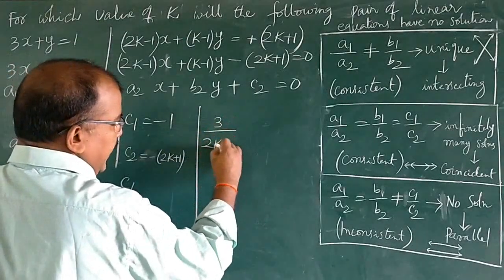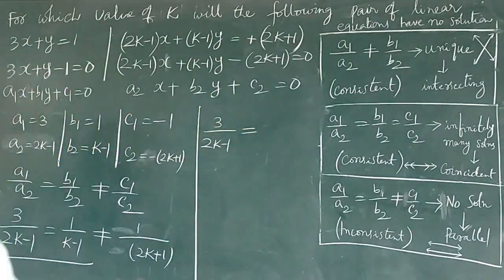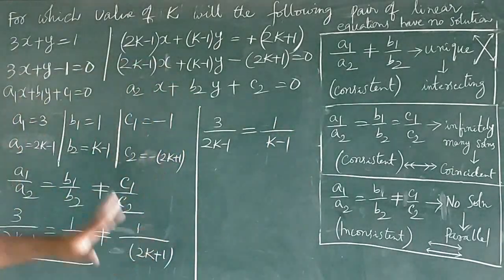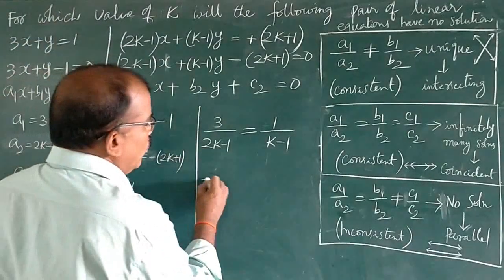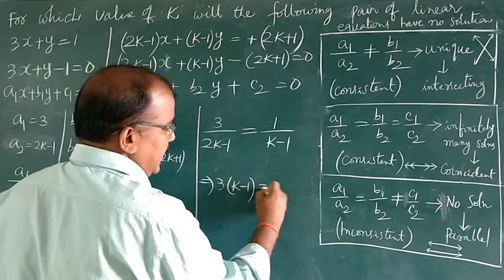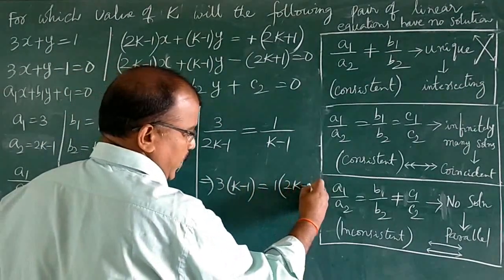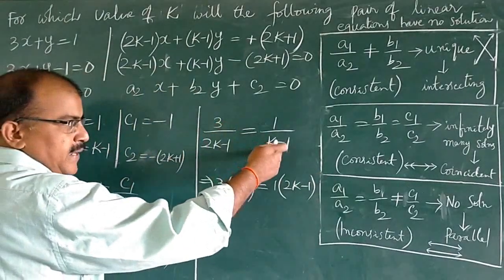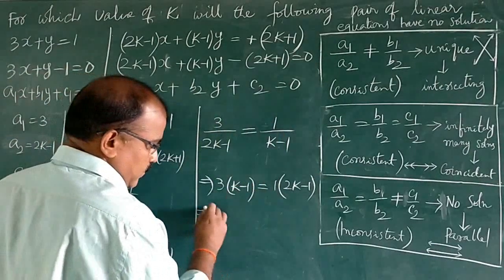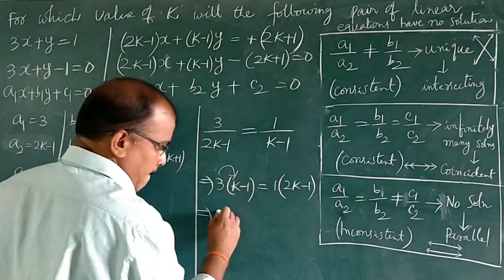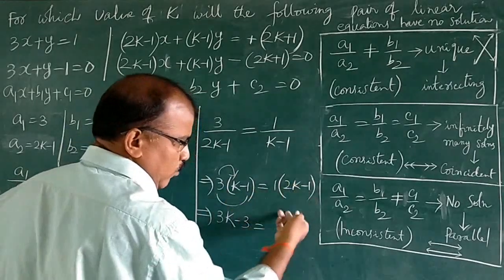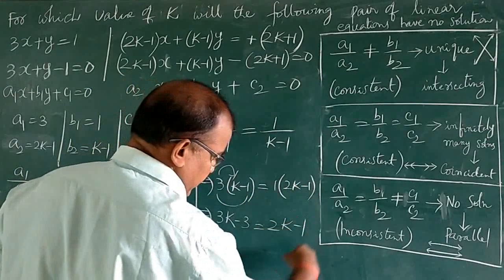3/(2k - 1) = 1/(k - 1). Find the k value. So cross multiplication: 3 into (k - 1) is equal to 1 into (2k - 1). 3 into k is 3k, minus 3 into 1 is 3. On the right, 1 into (2k - 1) is directly 2k - 1.